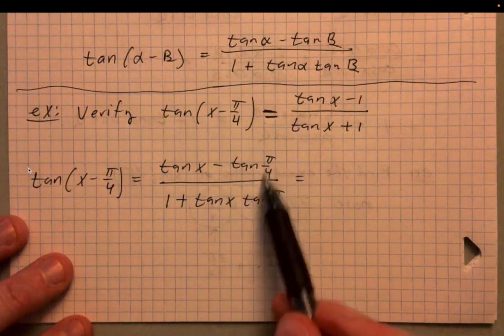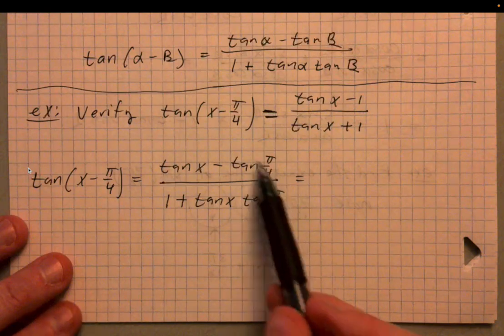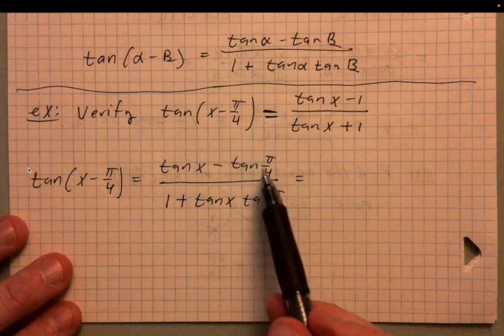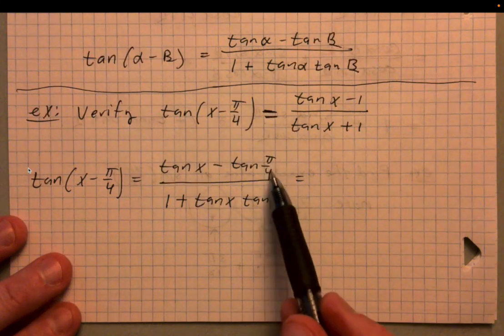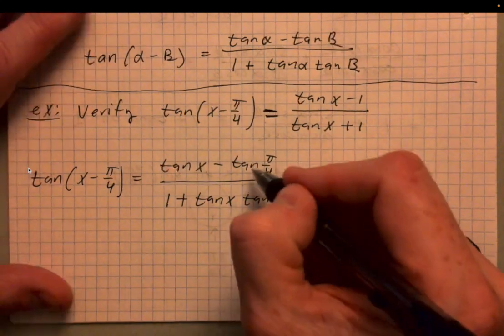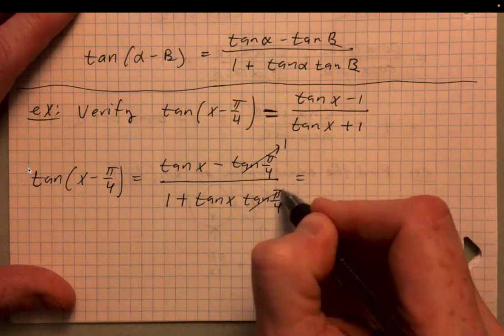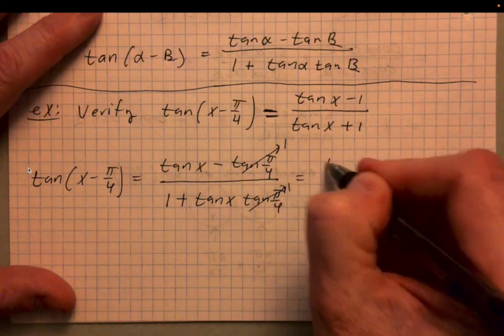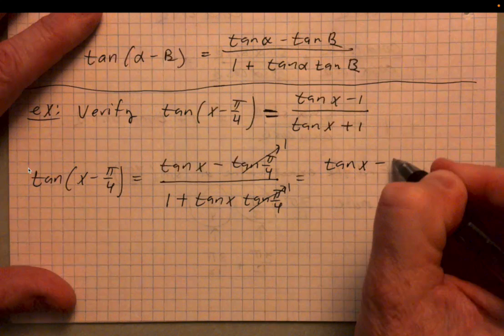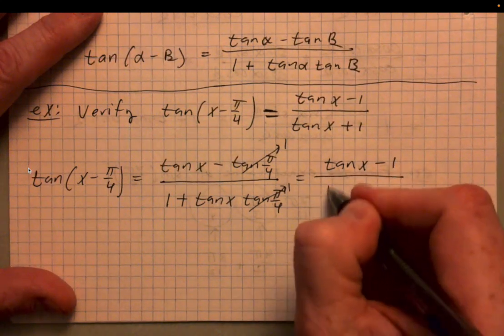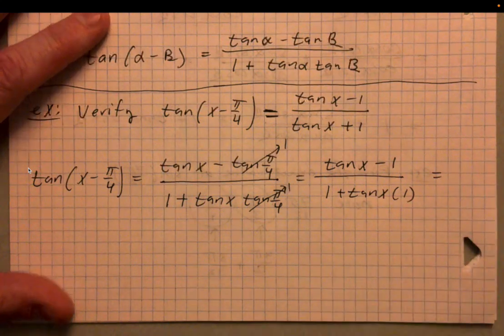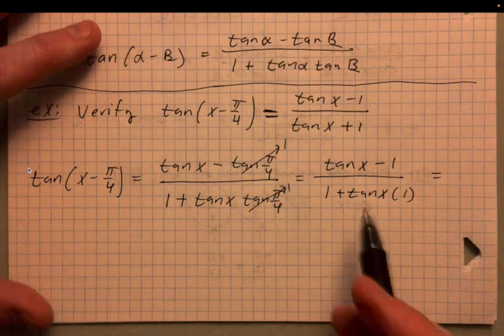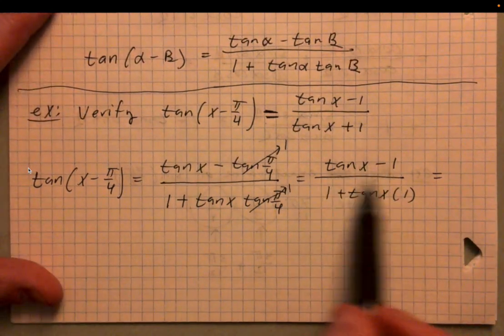That's an angle. There's not a variable in there, so we can actually figure out what that is. The tangent of pi over 4 is like sine of pi over 4 over cosine of pi over 4, so it's 1. And the same thing down here, this is equal to 1 as well. So I'm just going to write it like this, but you get tangent of x minus 1 divided by 1 plus tangent of x times 1. And this is pretty much it, isn't it? We just got to flip the orientation here a little bit.